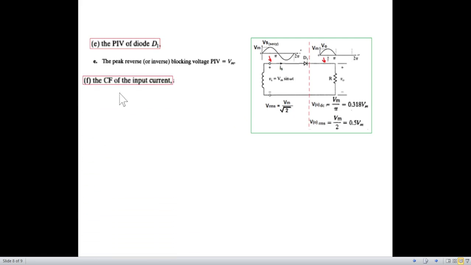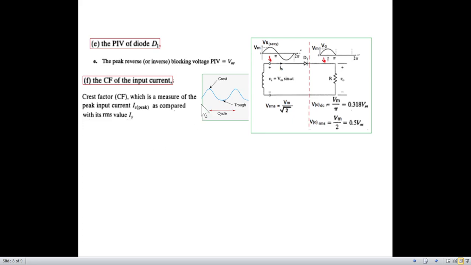The next question is called the crest factor of the input current. And the crest factor is defined as the ratio of the input peak current as compared to the RMS value. And we know crest is the peak. CF is IS peak over IS RMS. Now we know how to calculate IS RMS.